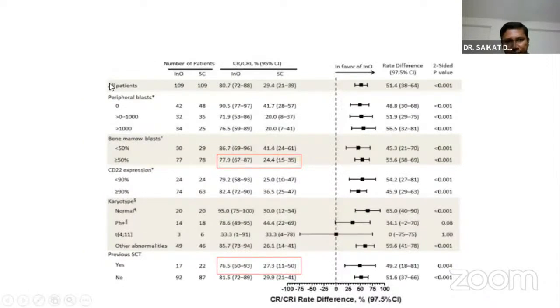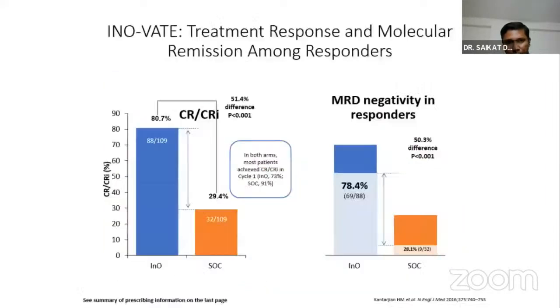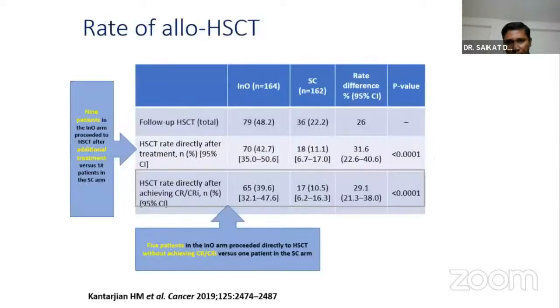This result was seen across the subgroups, whatever the bone marrow blast, whatever the number of previous therapies. Even in patients who underwent previous stem cell transplant, around 76% achieved complete remission with inotuzumab. And of those patients in complete remission, around 78% were MRD negative. So with inotuzumab and blinatumomab, both produced around 80% MRD negativity.